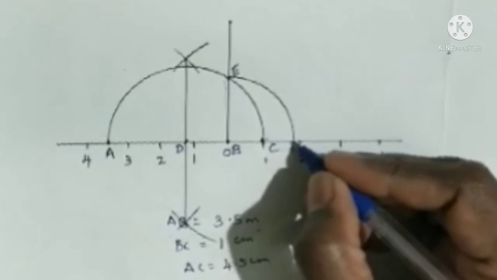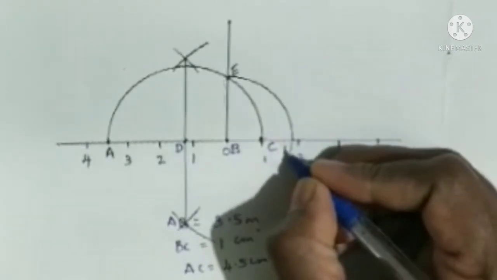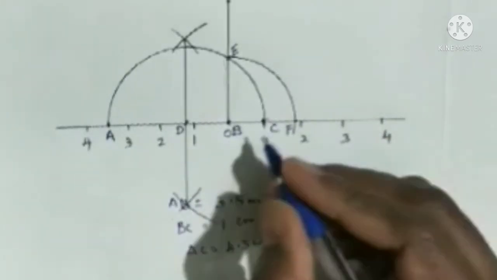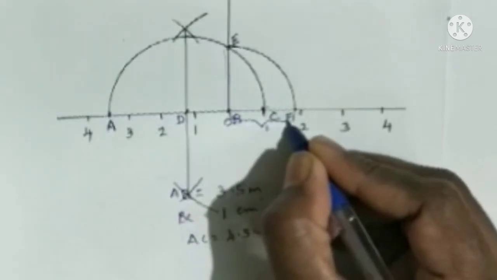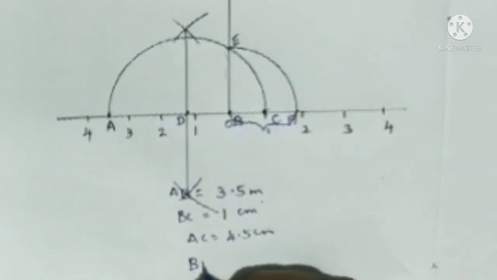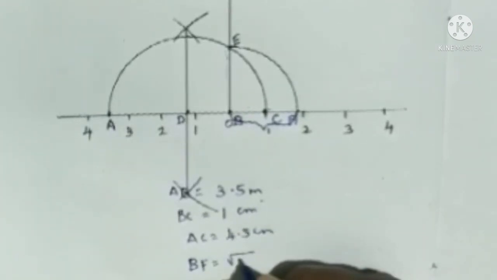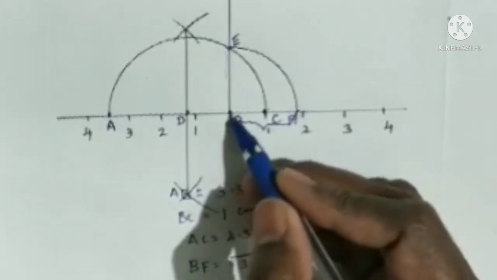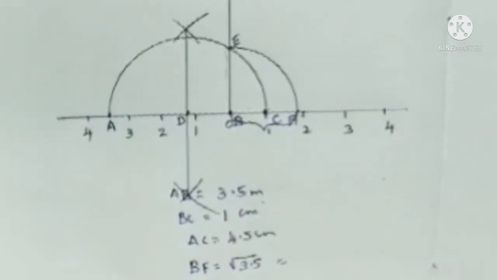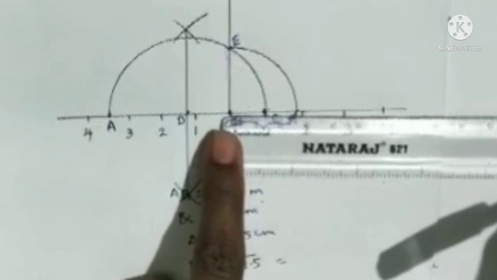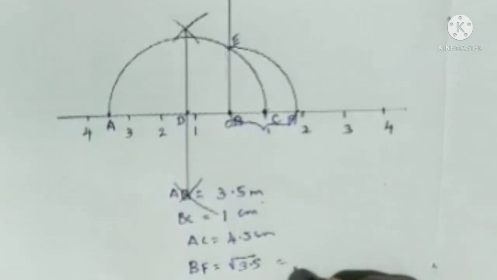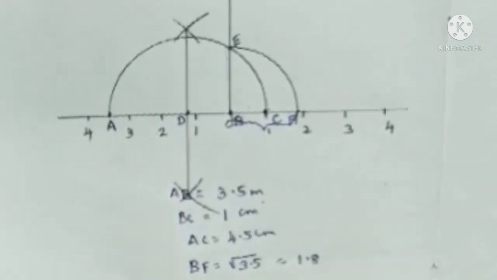Now that intersects the number line at the point F. So measure B to F. BF is the root of 3.5 value. We can get that value, that is 1.8.